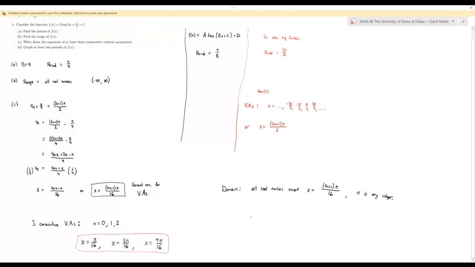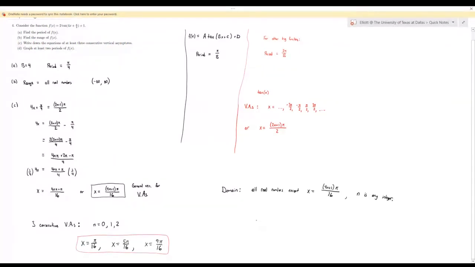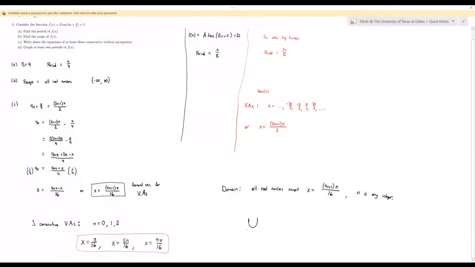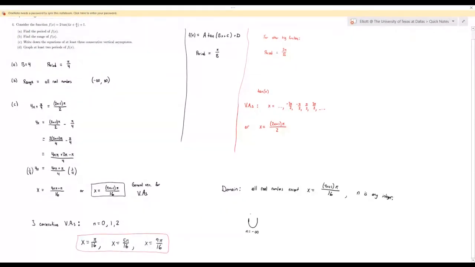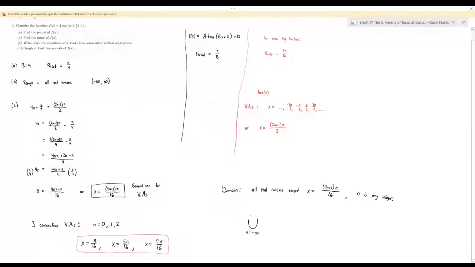If I were to write it, I'd have to use a union symbol. And let's see here. I think it would maybe look something like this. Your professor might write it differently, but I'm just thinking, how would I try to write it using intervals?